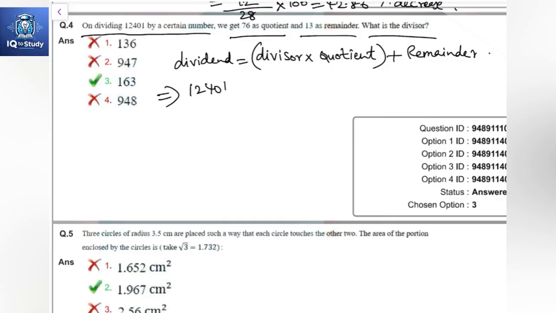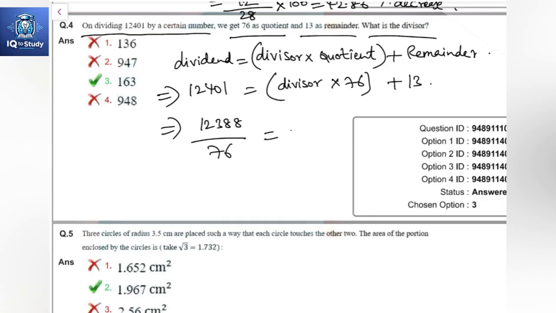Given dividend is 12,401 and divisor we have to find, and quotient is 76 and remainder is 13 according to the question. Let's simplify this. It becomes 12,388 divided by 76, that is equal to the divisor, which means the answer is 163. Option number 3.